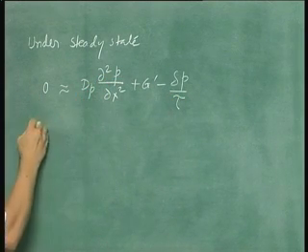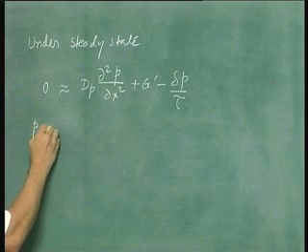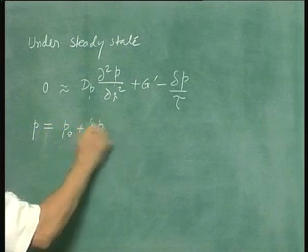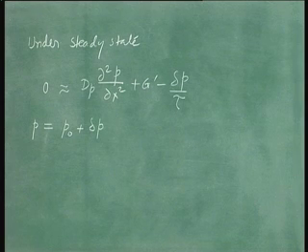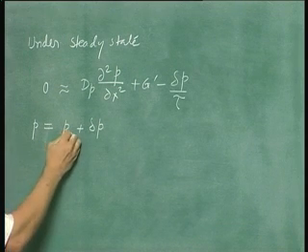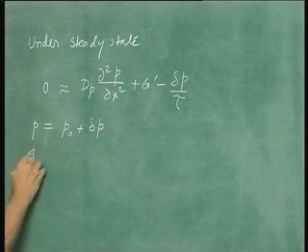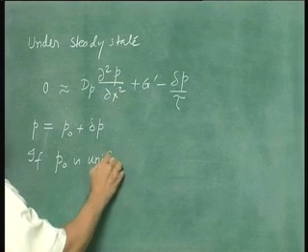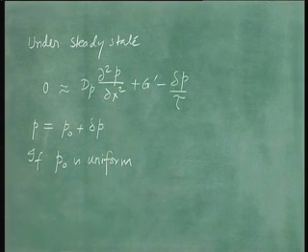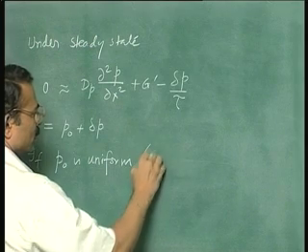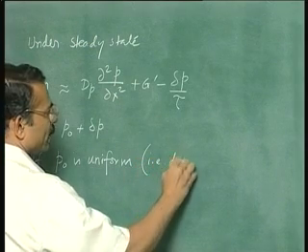Now this p is p naught plus delta p. If you further assume that the semiconductor we are talking about is uniform, and as a result p naught is uniform, this may be due to uniform doping. So that is same as saying doping is uniform.